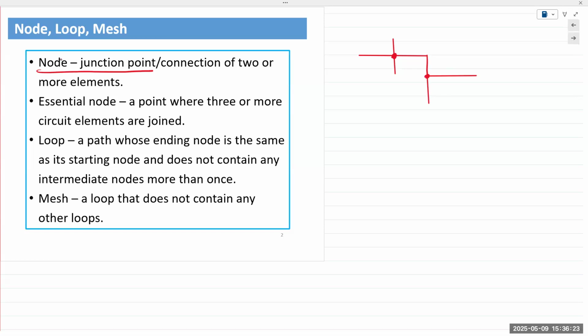A conductor or wire is something that connects two nodes together. Okay. If you see connections like two nodes, but there's no component between those nodes, then they're the exact same node. Okay.